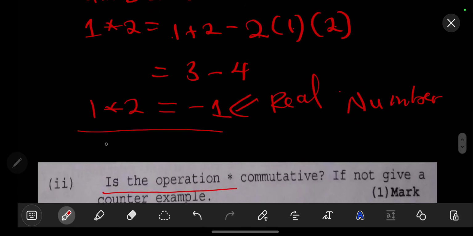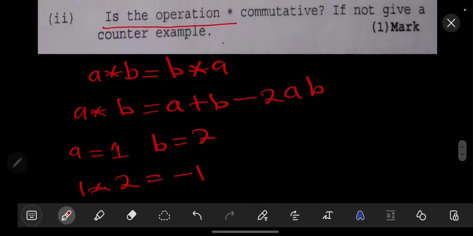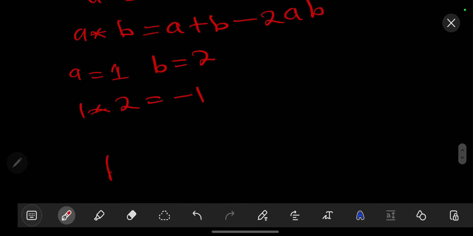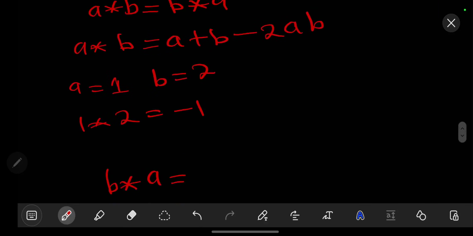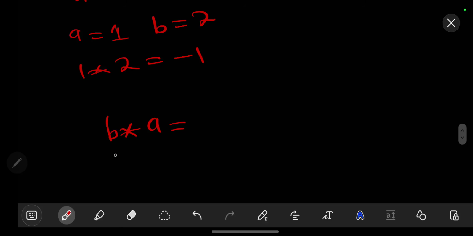Then we are going to find our b star a, using the same values, we just interchange them. Here our b will be equal to 1, and our a will be equal to 2.